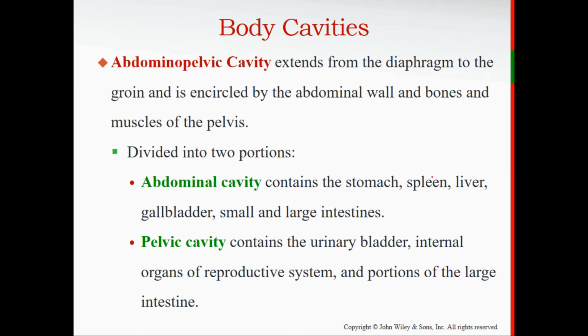But again, that's an imaginary line, and a lot of the organs kept in the body are going to pass through that imaginary line. So you will have sections of your colon or large intestine, and even some of your small intestines, that can be found in both the abdominal cavity and the pelvic cavity. So a lot of times we just put them together and call it the abdominopelvic cavity.